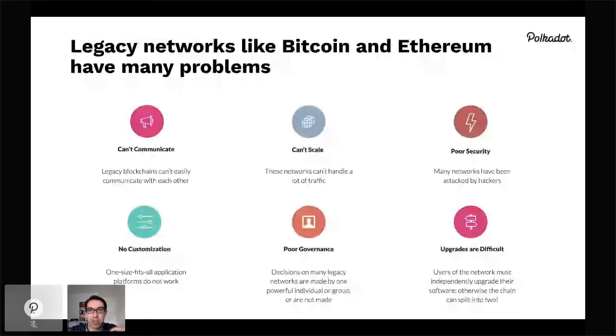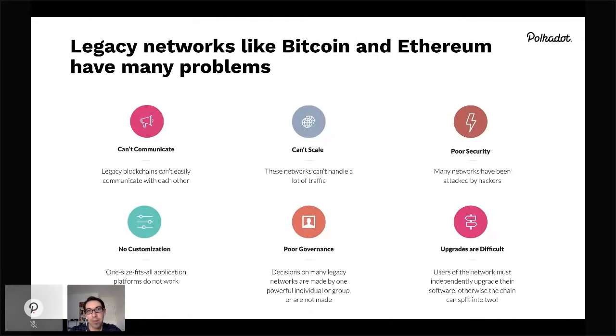Blockchains are inherently very good at interacting with themselves, like on their same chain, but very poor at interacting with other networks. It's not impossible, but it's very difficult. Just like with a poker game, it's very easy to keep track of what the cards are at your own table, but it's hard to go around to all the other tables and make sure that they're telling the truth as well.